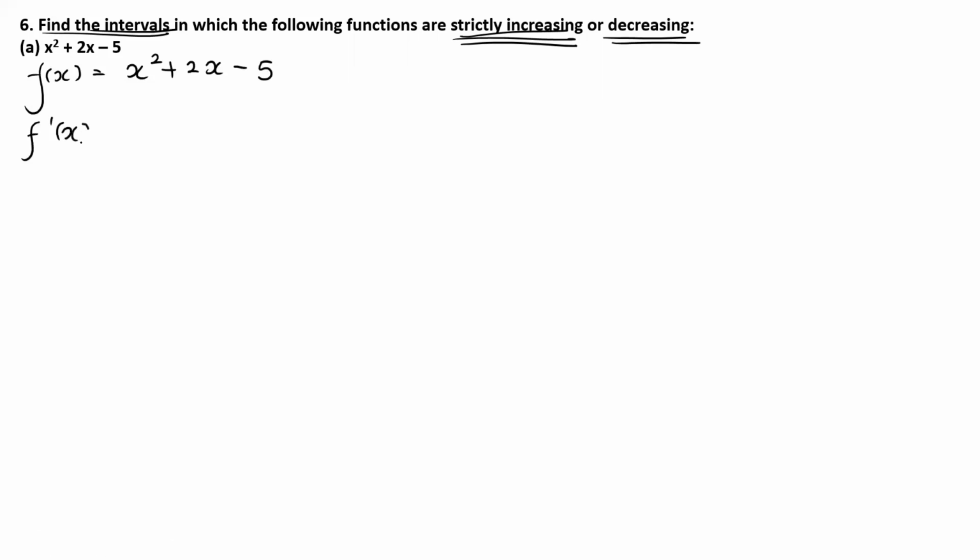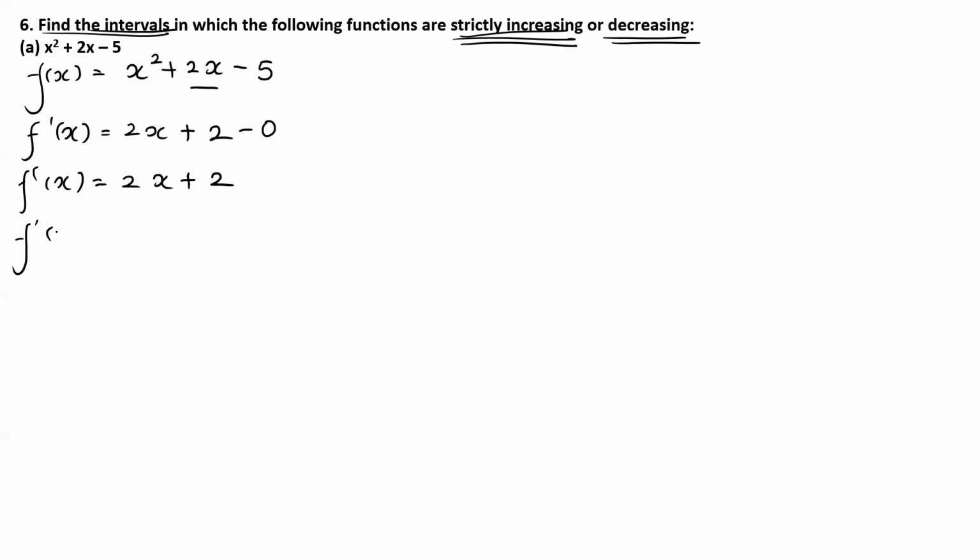We'll do f'(x). The derivative of x square is 2x, and the derivative of 2x is 2, and the derivative of minus 5 is 0. So f'(x) is 2x plus 2.